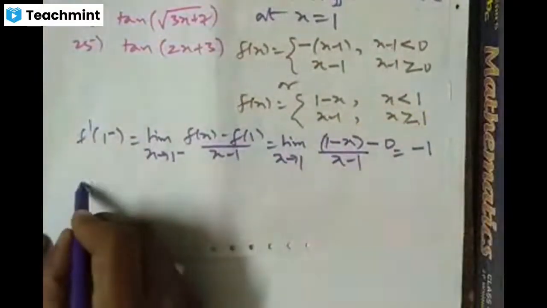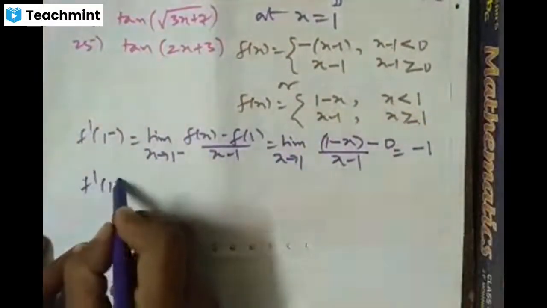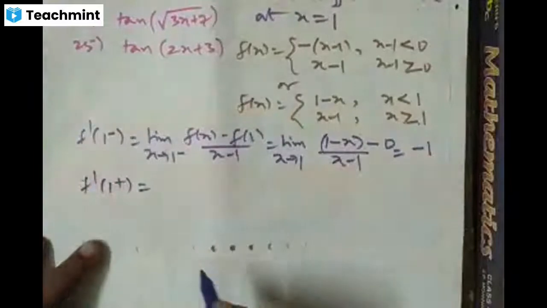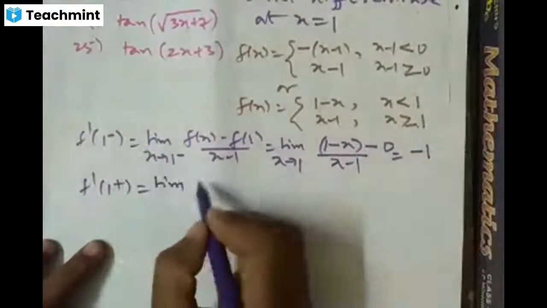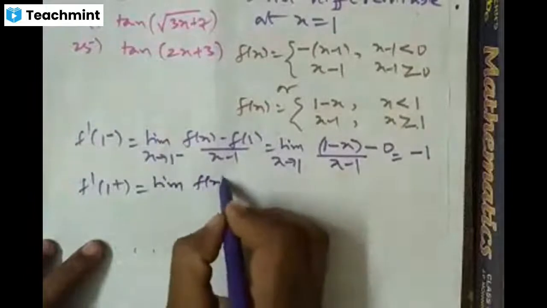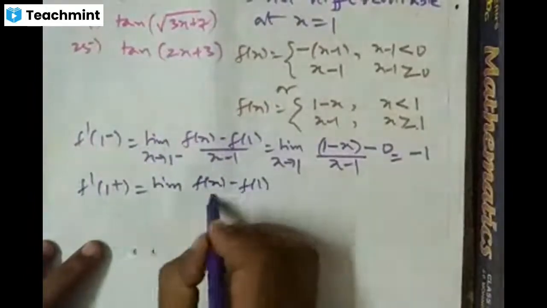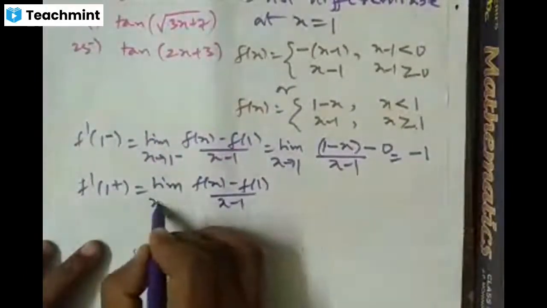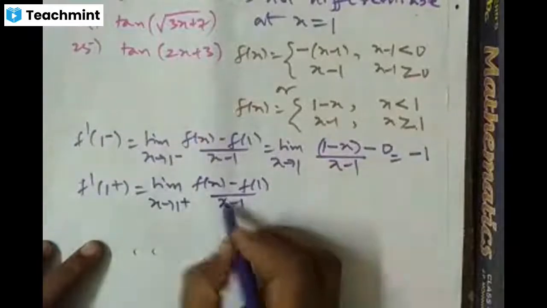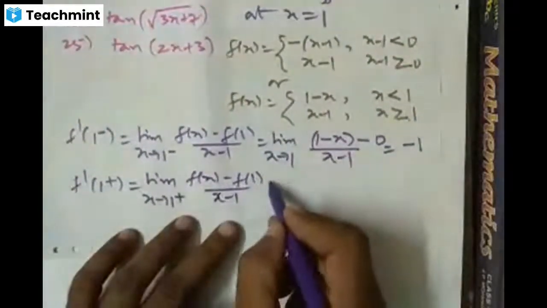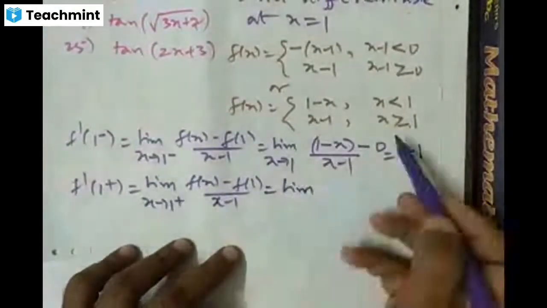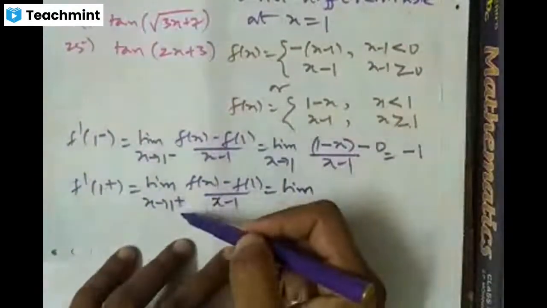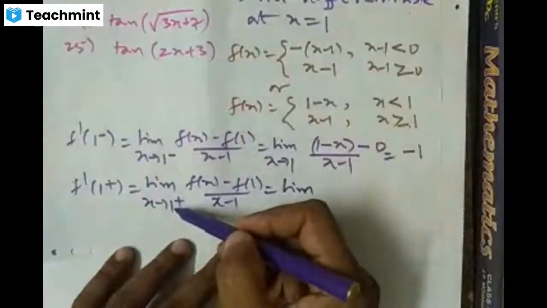Next, the right hand derivative of the function at the point x is 1. I will write it as f dash of 1 plus. Again, we shall use the definition, limit of f of x minus f of 1 divided by x minus 1 as x tends to 1 plus. Now, when x tends to 1 from the right side, obviously x takes values which are more than 1.